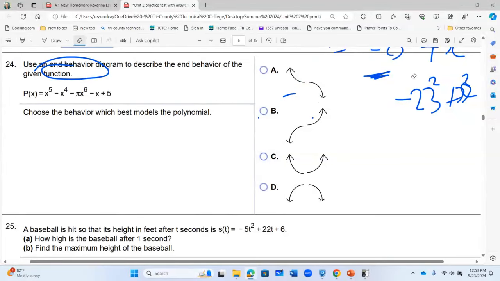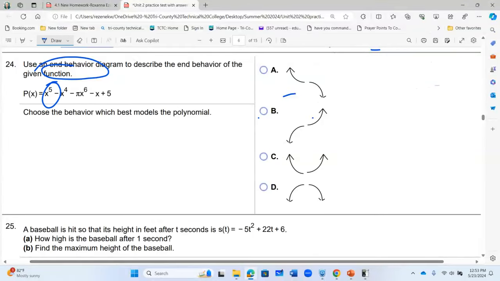They're all in the PowerPoint, but I don't want to go to that PowerPoint again because I have a lot to do. What you want to note is that if the degree of a polynomial is odd, the behavior of the left-hand side will be going down, and the behavior of the right-hand side will be going up.